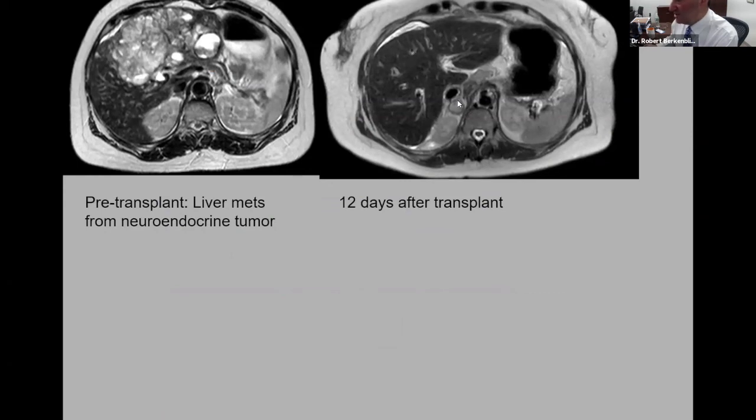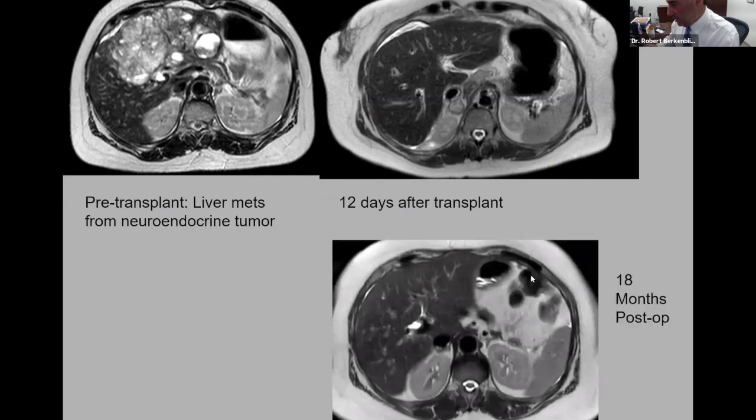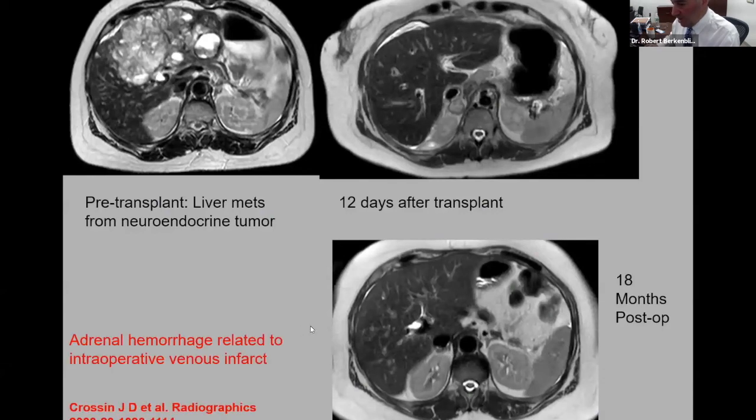And you can see there's this 2 centimeter nodule in the right adrenal gland. On imaging a year and a half later, you see that that nodule is normal. So what's going on here? Well, this is an adrenal hemorrhage related to intraoperative venous infarct. You can see that with liver transplants. I've seen a case on the left following a distal pancreatectomy.